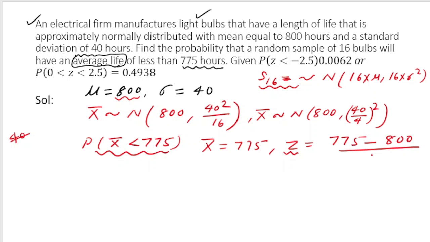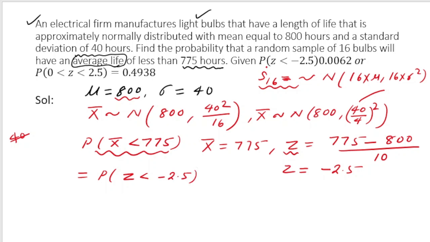I hope you have understood this. This is variance, so if you take the square root of it, the square root will be 40 by 4, that is equal to 10. So what is z? Z is equal to minus 25 by 10, so that is minus 2.5. So we have to calculate the probability for z less than minus 2.5.